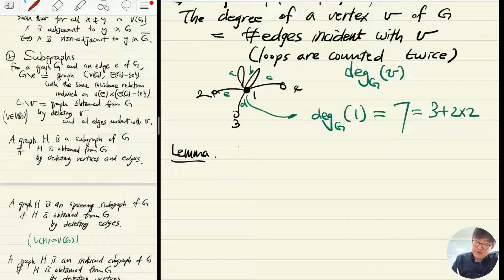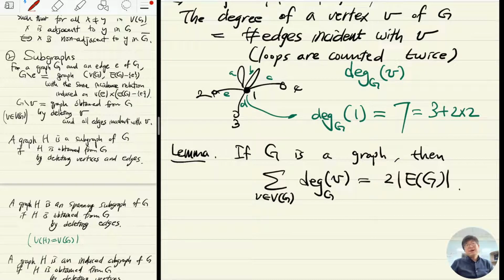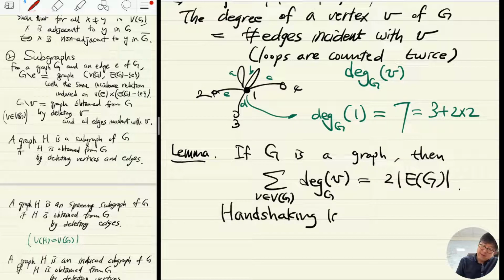Right, so if G is a graph, then the sum of the degrees is equal to twice the number of edges. So this is what's called the handshaking lemma. Right?